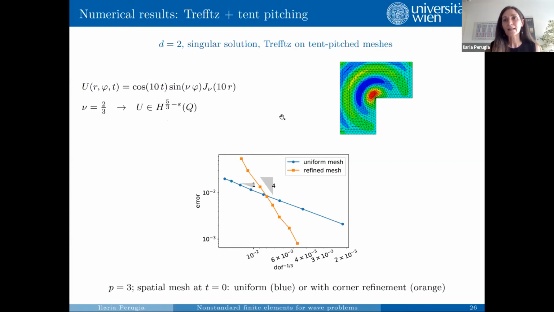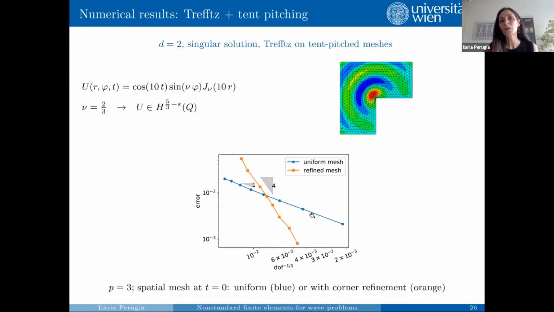Then you apply your tent pitching algorithm, and you see, for instance, with polynomial degree equal to 3, you expect to have for smooth solutions a convergence of order 4 in the L2 norm. And this is what you see is correctly captured also with this tent pitching plus Trefftz method.